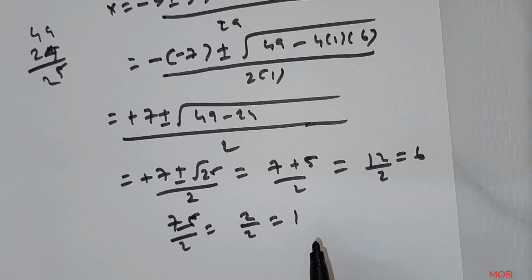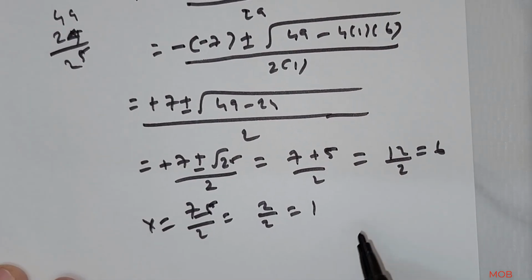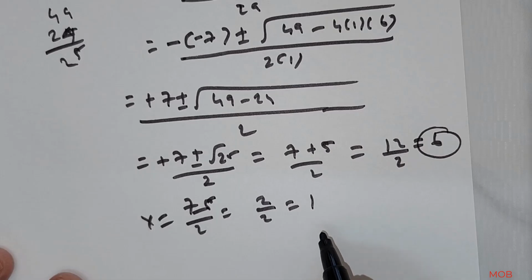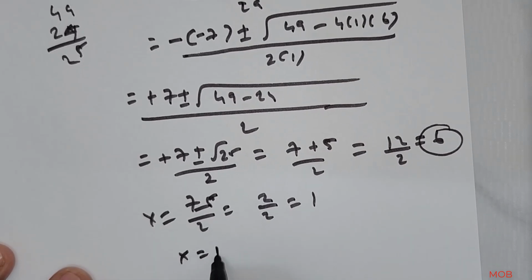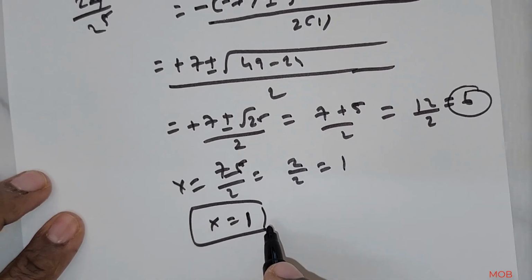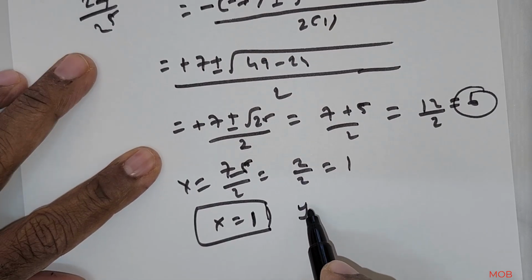So I have x equal to 1 and x equal to 6. Now we cannot take this, this is out of range, but x equal to 1 is the point that we need.